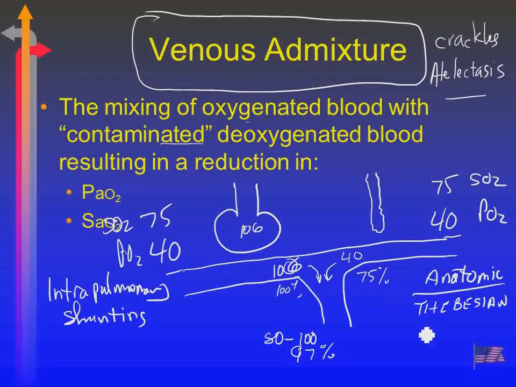Thank you. Bronchial veins. We know the bronchial arteries are supplying oxygenated blood to the tracheobronchial tree. The venous portion of that, the drainage of that, doesn't go back to the superior vena cava. It dumps into the pulmonary vein. And the last one is the pleural veins. Same exact idea.